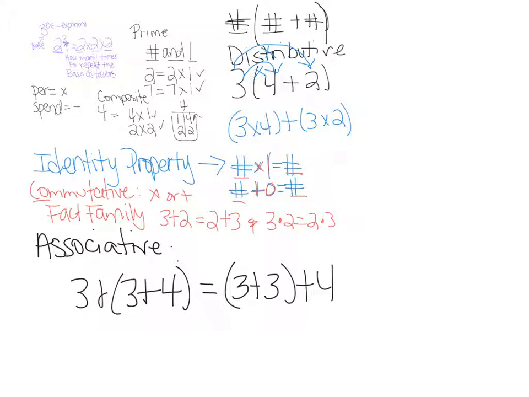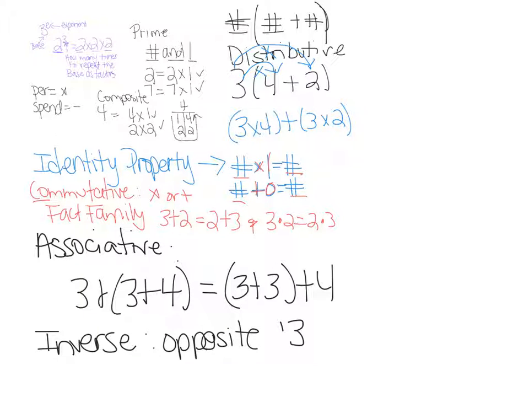And then inverse. Inverse, remember, means the opposite. It's when you're using the opposite. Inverse property, that's the opposite. Okay, and so when we use opposites for adding, it would be like 3, which is positive, and we don't normally write the positive sign, minus 3, and that would get us 0.